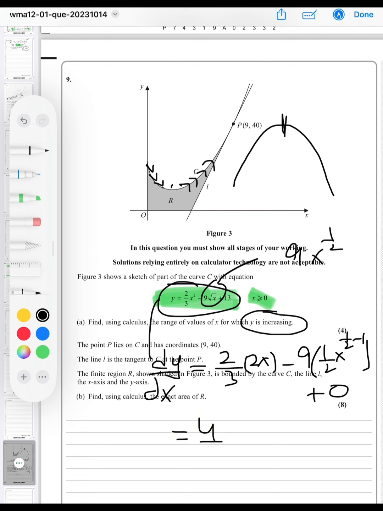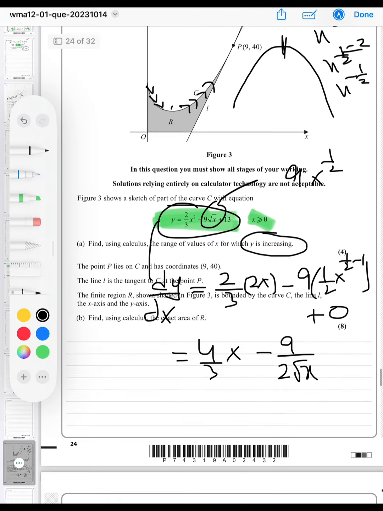So this will become 4 upon 3 x minus 9 upon 2, and this will become 1 upon 2 minus 1. So 1 upon 2 minus 2, x is minus 1 upon 2. This power is negative, so it will come to the denominator. So it will look like this.